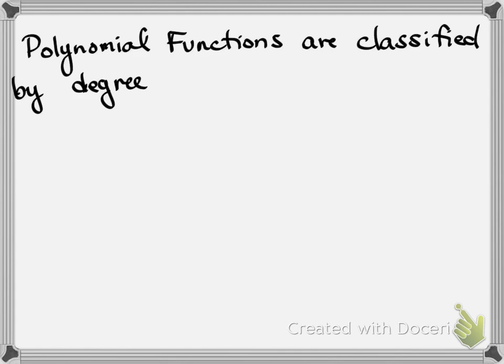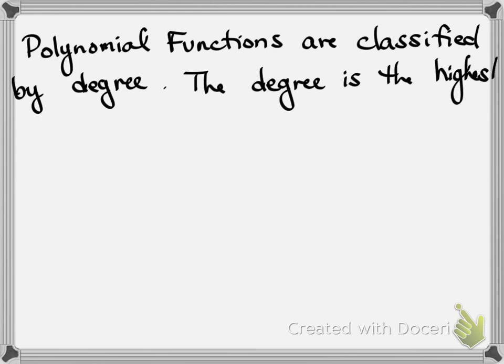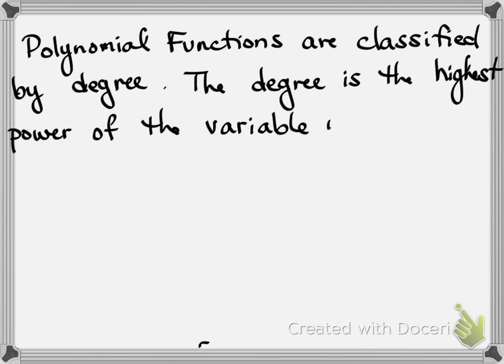The degree is the highest power of the variable in the function. And that's assuming there's only one variable. It's kind of a different rule if there's more than one variable in the function.